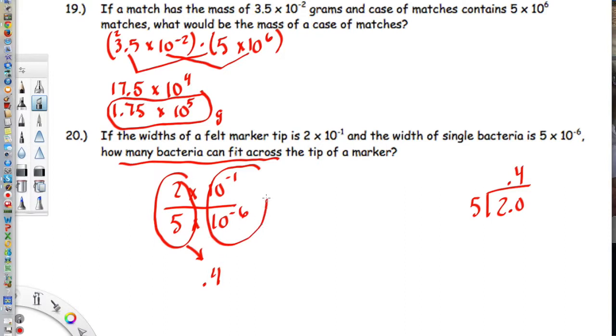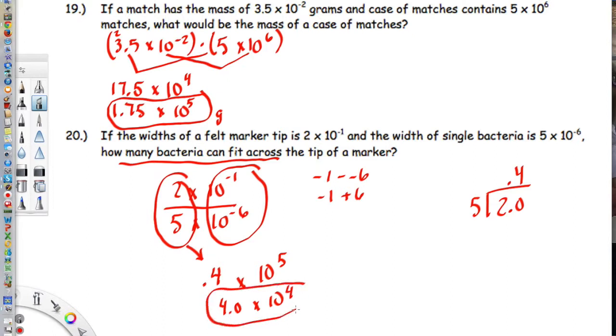And then 10 to the negative 1st power divided by 10 to the negative 6th power is going to be 10 to the negative 1 minus a negative 6, which is really a plus, so it's negative 1 plus 6, which is going to be 5. This is not in scientific notation. I need to move my decimal point over 1 to the right, so it's going to be 4.0 times 10. And if I moved it 1 to the right, I'd still have to move it 4 more times to get it to be equal.